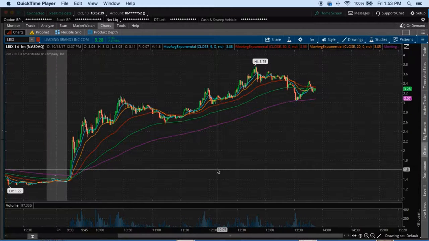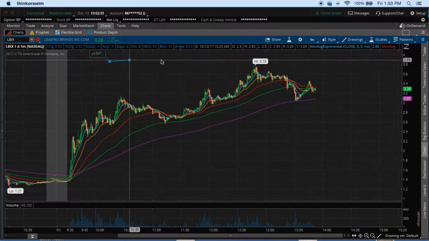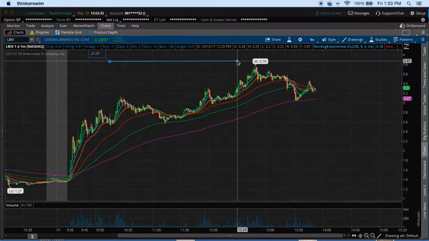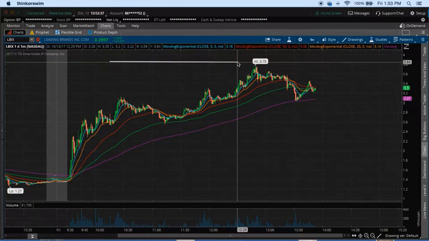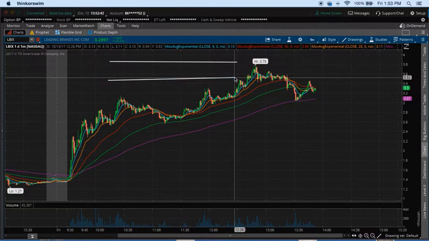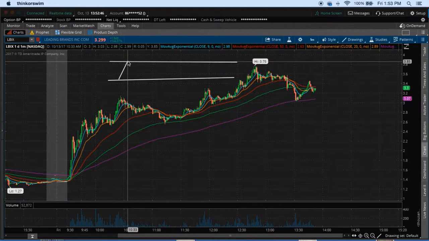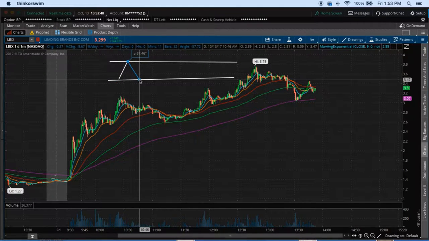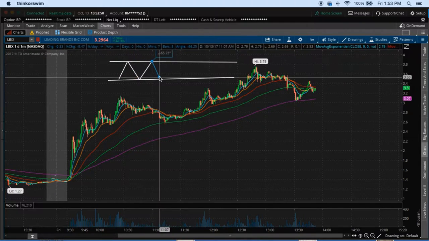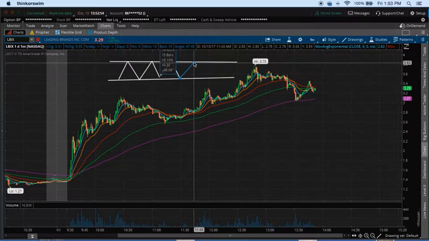Resistance is an area in which the stock has trouble going through, and support would be an area in which the stock has trouble going below. So the stock goes up, it touches resistance, may come back down, touch support, go back up, right? So now we have a clear resistance and clear support.